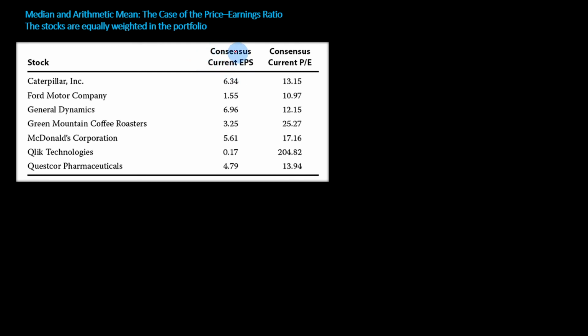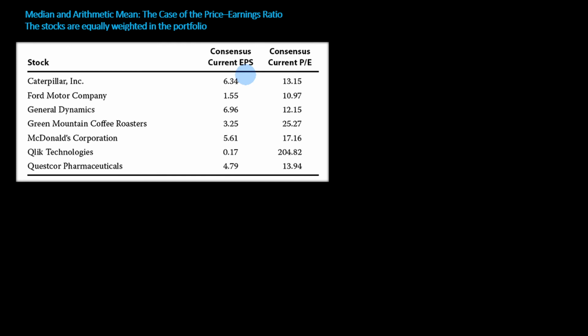They've given us consensus current EPS and consensus current PE. EPS stands for earning per share, and PE ratio is we've got the price in the numerator, and the denominator E is actually earning per share. And I'm not going to talk about PE and EPS here because you will see it in the equity valuation section of the course.